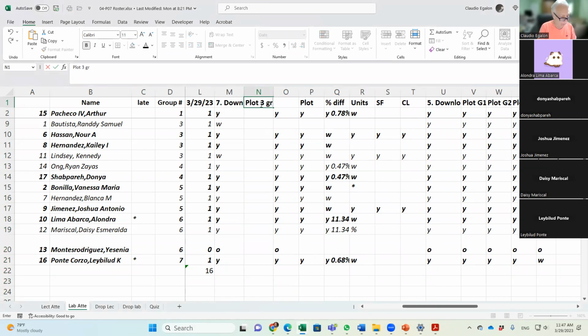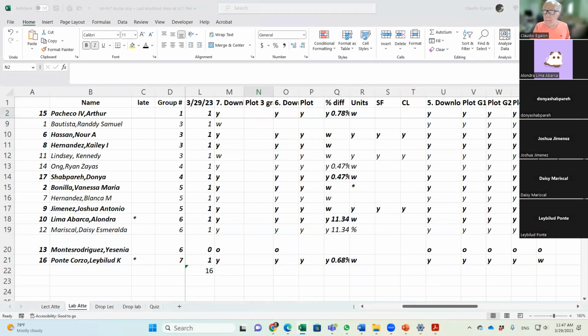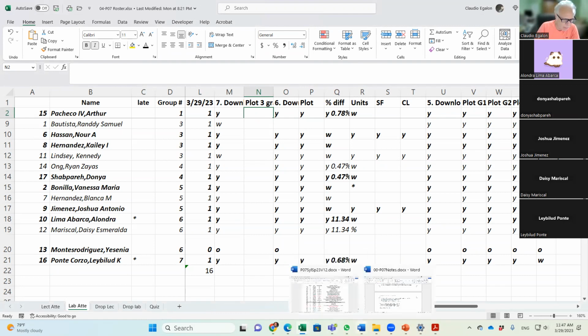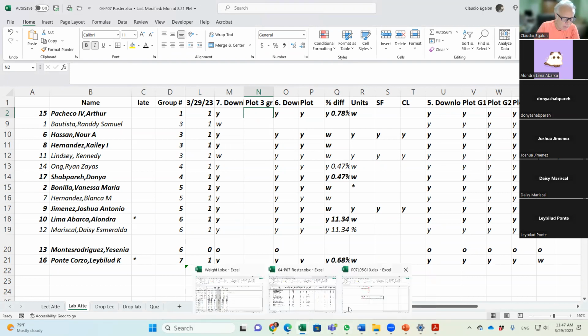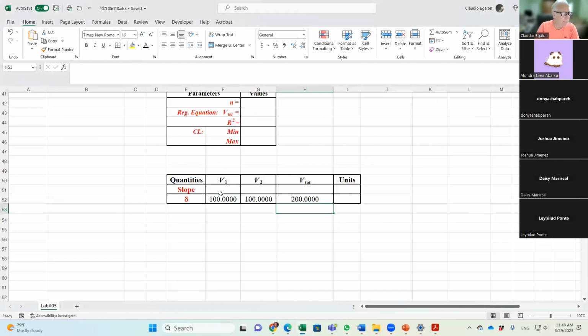Were you able to plot the graphs, Arthur Pacheco? Did you plot the graphs and get the trend line? What about your percentage difference? Did you get your percentage difference there? Right here, V total, V1 and V2.